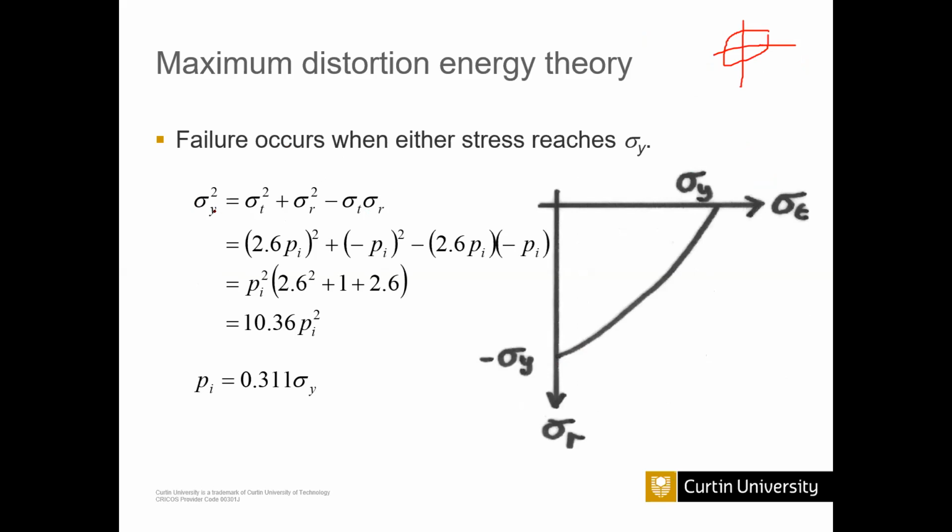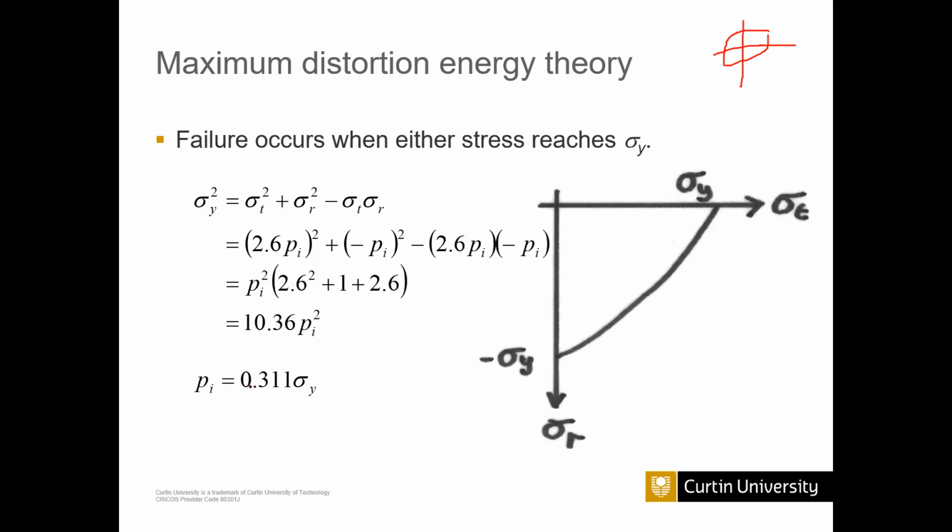This is the equivalent stress for the two principal stresses, sigma 1 and sigma 2 again: sigma 1 squared plus sigma 2 squared minus sigma 1 sigma 2. Sigma 1 is the maximum principal stress, this is the minimum principal stress. Just substitute and you will get the relationship between the yield strength and pi like this.